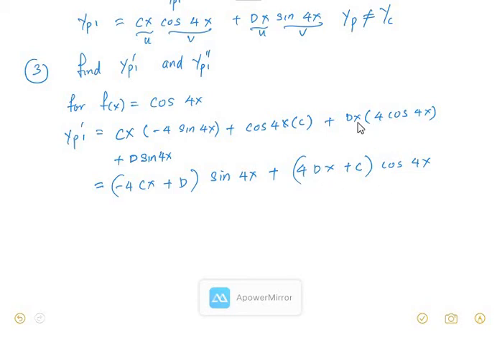So for cos 4x you have 4Dx plus C only, not Cx, plus C only.